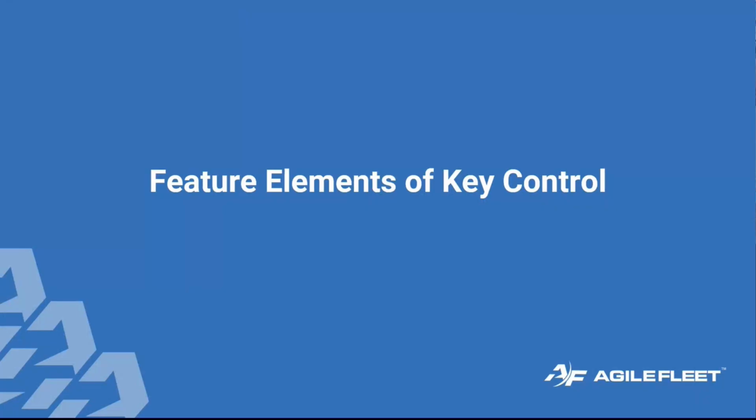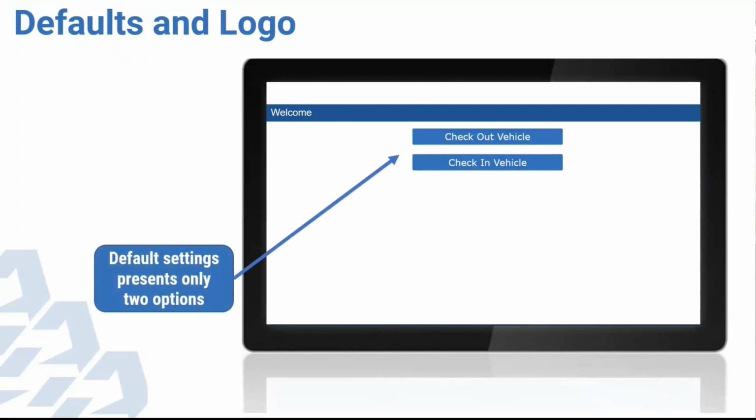Some of the feature elements of key control, in regards to what comes out of the box: whenever you are sent your kiosk and it's set up by our implementation team, the basics of it, unless you've told us to change it ahead of time, would simply give two options: check out the vehicle, check in the vehicle. That is what automatically displays without making any changes to the configuration of the key control system.